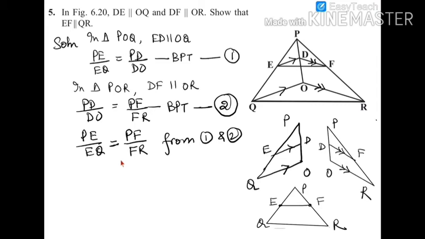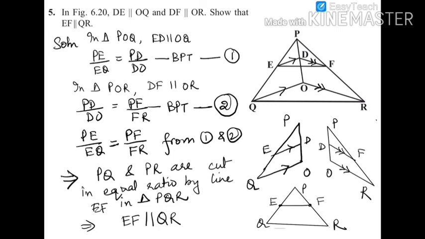This is a situation of converse of basic proportionality theorem, where it is given that the two sides of the triangle are cut in equal ratio. So we can imply that EF is parallel to the third side. So this implies PQ and PR are cut in equal ratios by line EF in triangle PQR. And so we can use the converse and say EF is parallel to QR by converse of BPT.